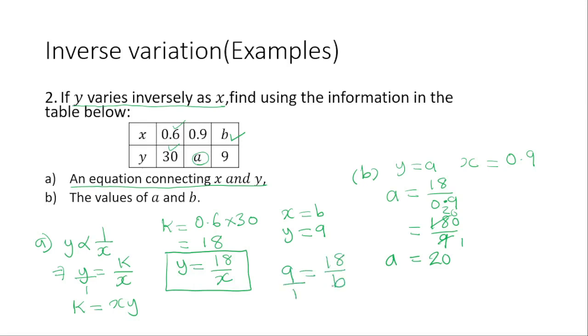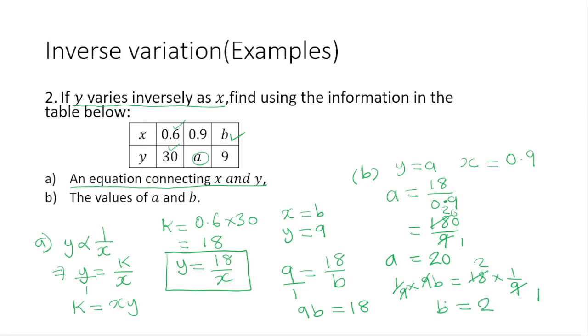When we cross multiply, because 9 is the same thing as 9 over 1, we have 9 multiplied by b, which will be 9b, and 1 by 18 will just be 18. For us to get b, we are going to multiply both sides by the multiplicative inverse of 9. So b is equal to 18 over 9, which is 2.